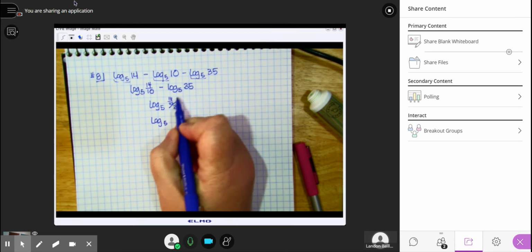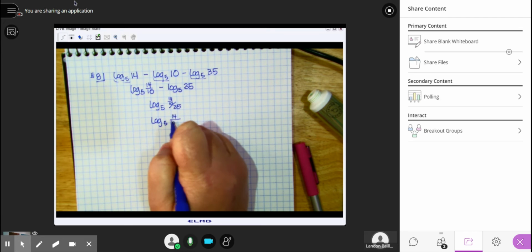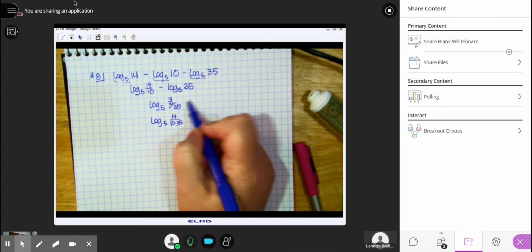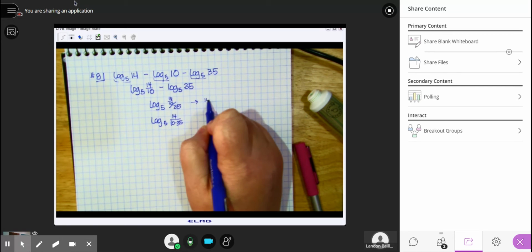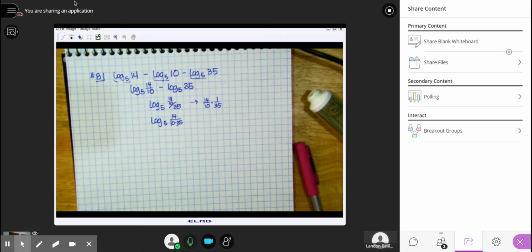Now, what we want you to be able to do is to see that this is 14 over 10 times 1 over 35.